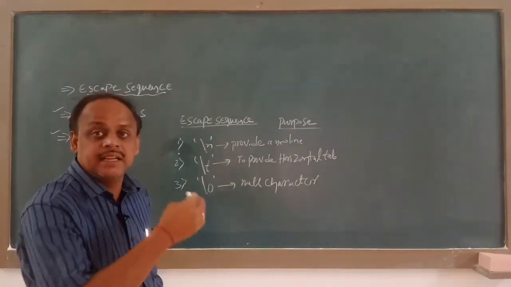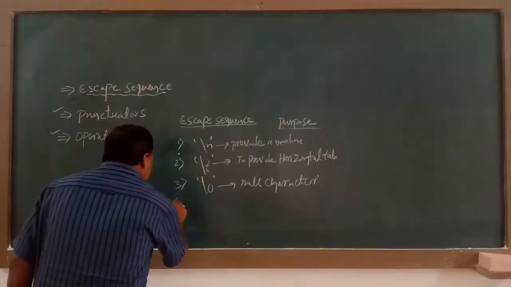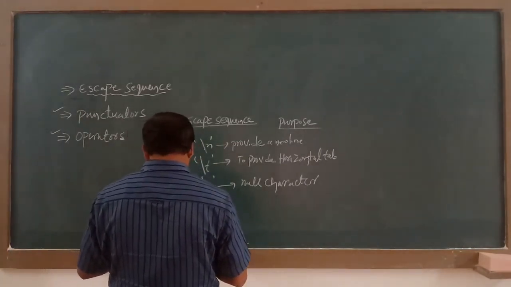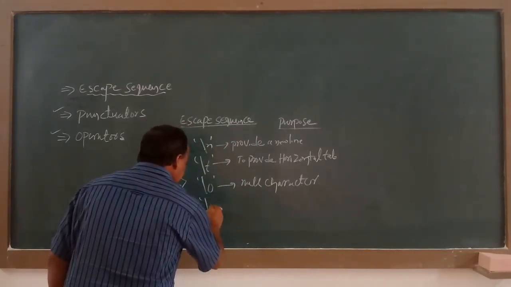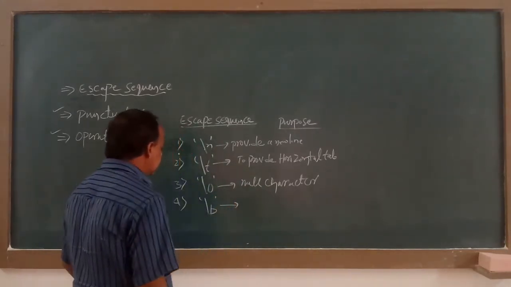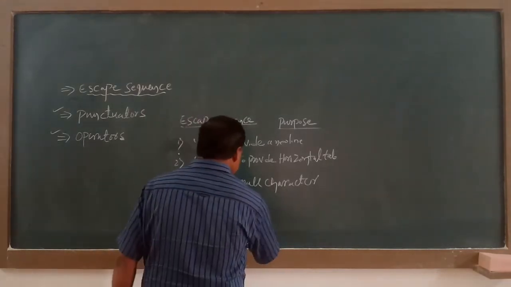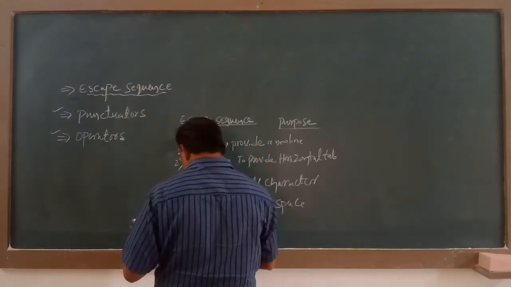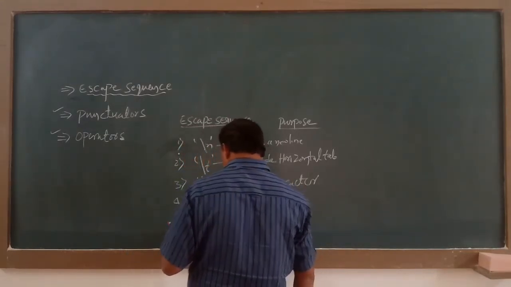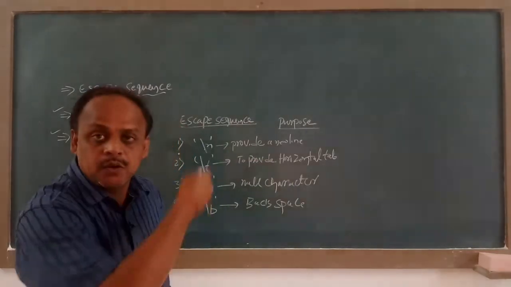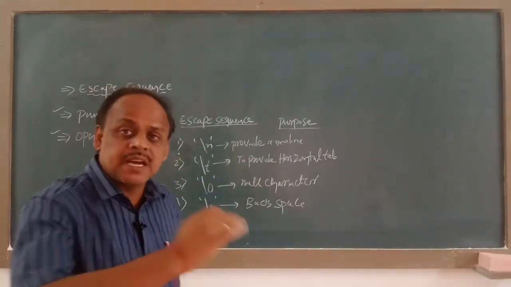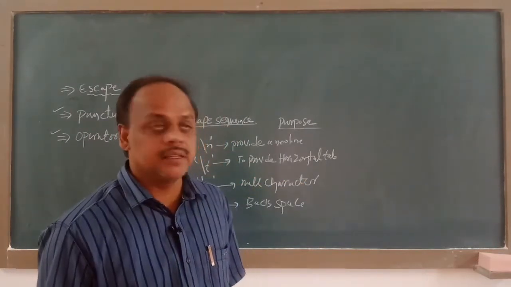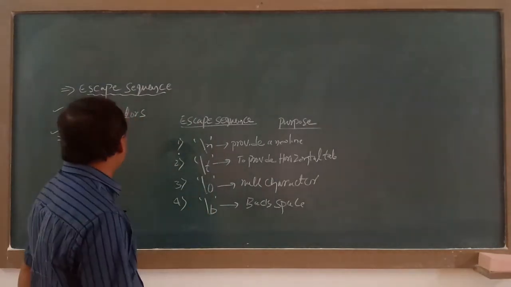And the fourth one is \b, which provides a backspace. Like this, we have some escape sequences which are used in the design of output.